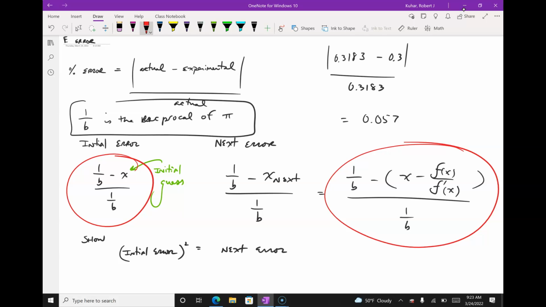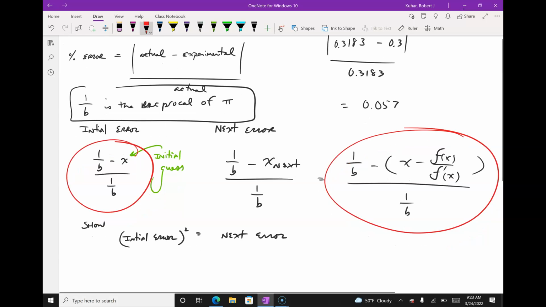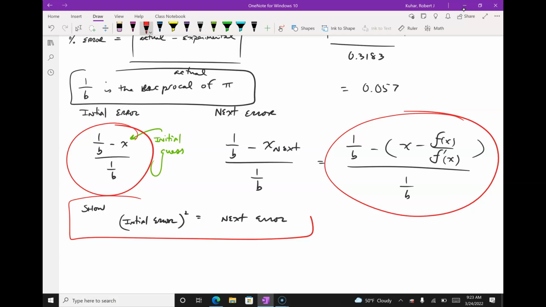So those 2 pieces are what you need. The mistake I usually get there is that you start giving me calculations. I don't want calculations. I want algebra. All I want to show is this, right? With these 2 formulas, with your function in place, you're going to show me that my error gets squared, which is important because if the error is very small, when I square it, it gets smaller.